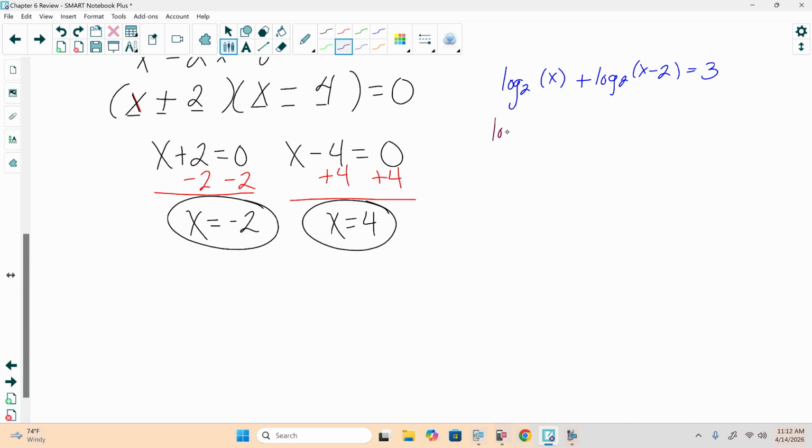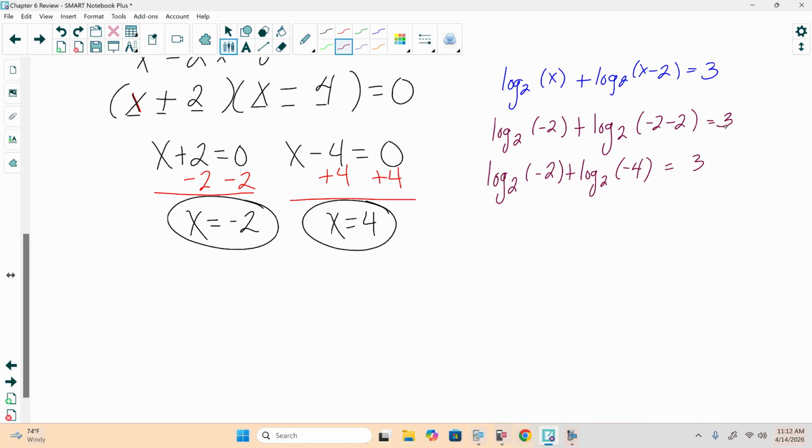So if we check negative 2, log base 2 of negative 2 plus log base 2 of negative 2 minus 2, if we fully simplify everything, we get log base 2 of negative 2 plus log base 2 of negative 4 equals 3. We cannot have a negative inside the logarithm once we finish simplifying. So it's telling us x cannot be negative 2.